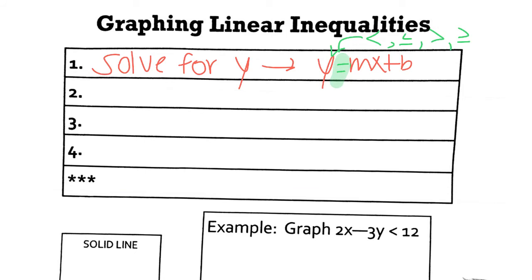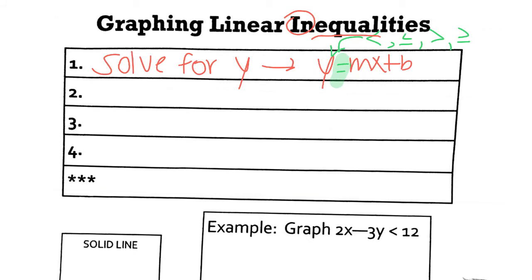Remember, equation has the word equal. Inequality, this word part here, in, means not. So not equal. So you're not going to have an equal sign there. So the first thing, again, you want to solve for y so that we get it into that familiar y is equal to mx plus b. But again, we don't have that equal sign. We have one of our inequality symbols.